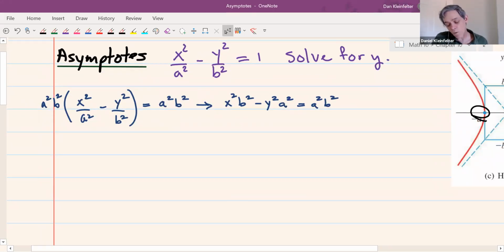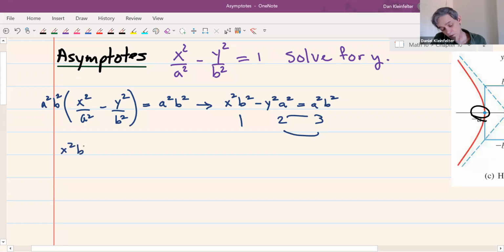Now we want to get y alone. Our equation so far has three terms in it. Some have y's, some don't. There's actually only one that has a y in it, the one that I've labeled 2 here. So I'm going to put that one over on the right side, and then I'll bring 3 over to the left side. I'm going to be swapping terms 2 and 3 in the next line.